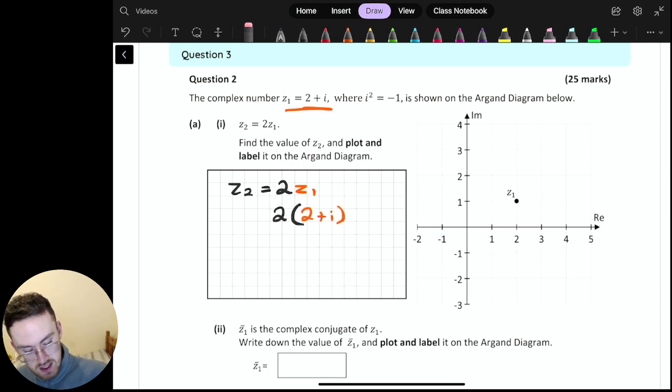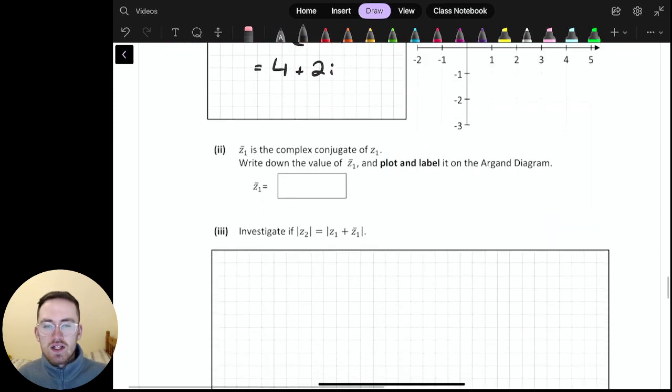Making that connection again as we said at the start, the z's are nearly the nicknames, and the other bits, the 2 plus i, the 3 plus 4i, whatever it is, are like the full name. Sometimes they'll tell us the nickname, and we can sub in the full name instead. So we get 4 plus 2i, and we can plot that up here. That's z2.